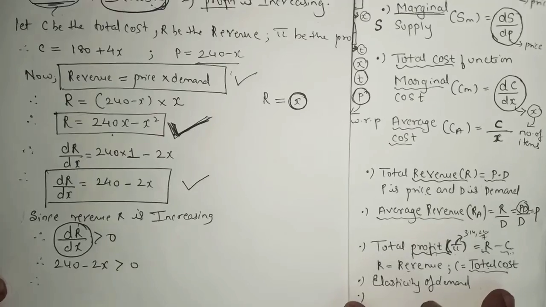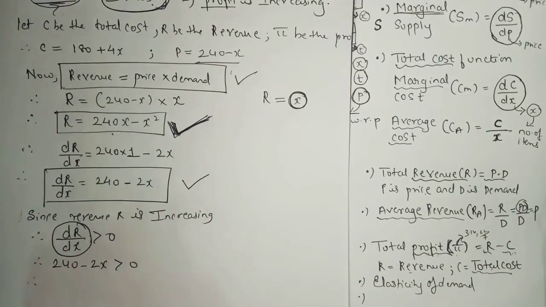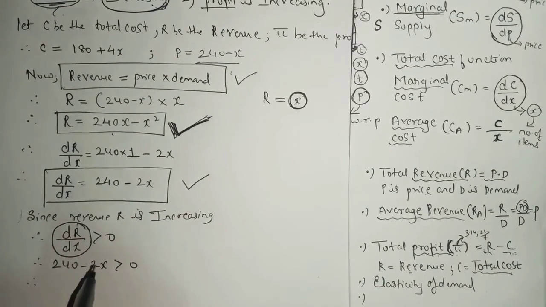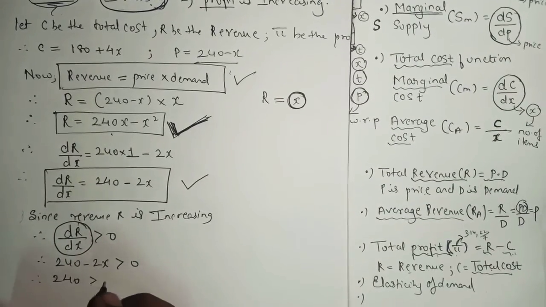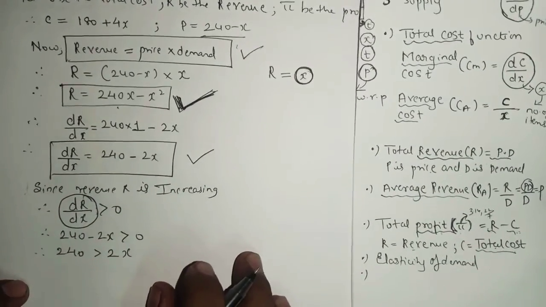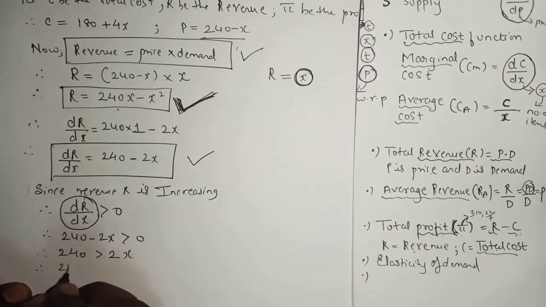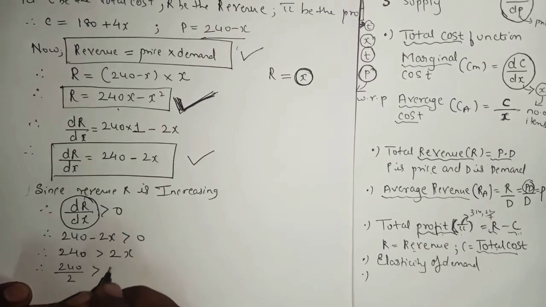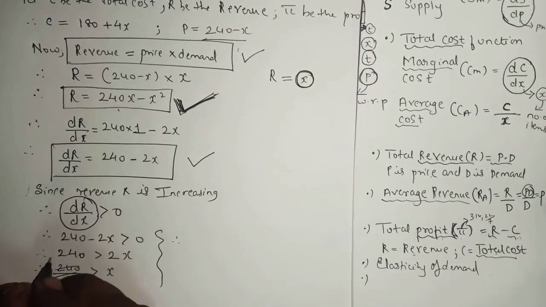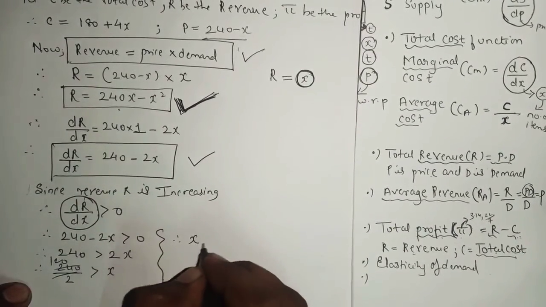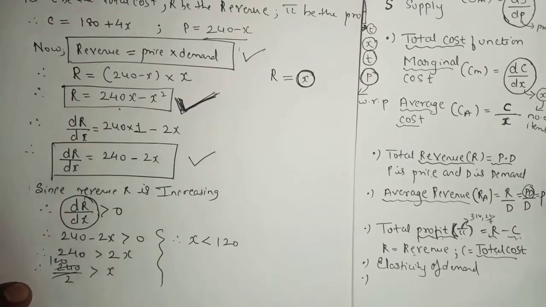As I told in the last three sums, whenever you have to find the answer for any alphabet, first make the coefficient of that alphabet positive, yes or no, to get the perfect answer. So therefore here it is 120. When you flip, this will be x less than 120.